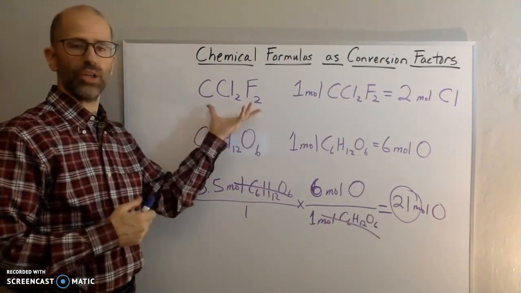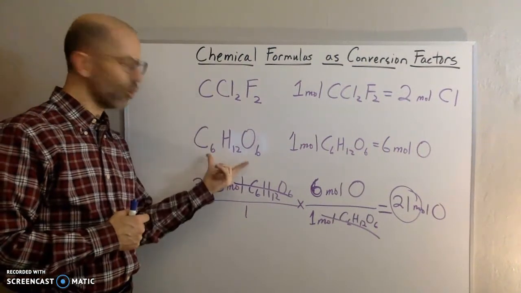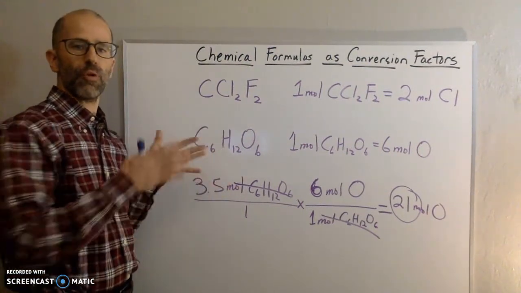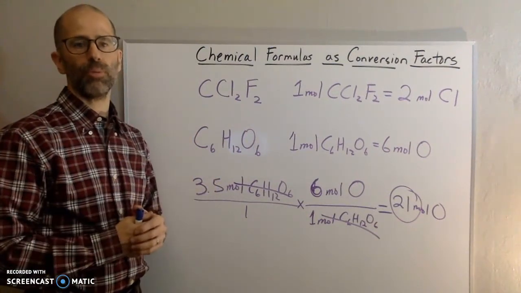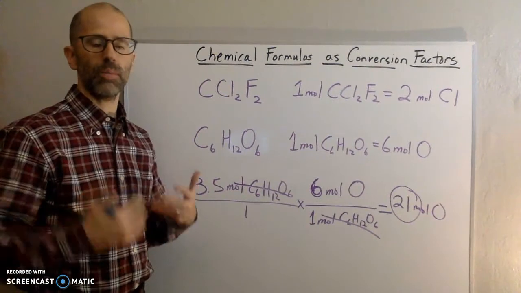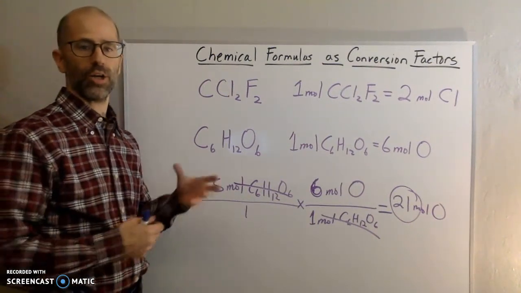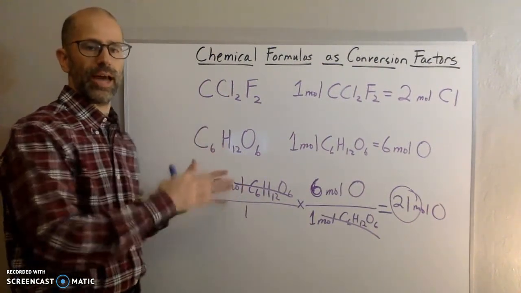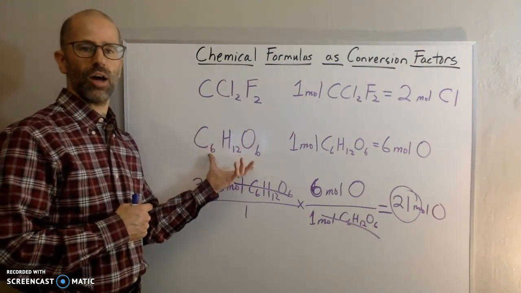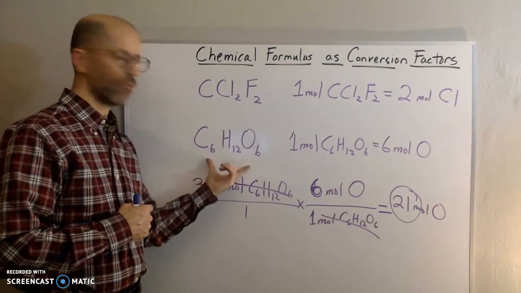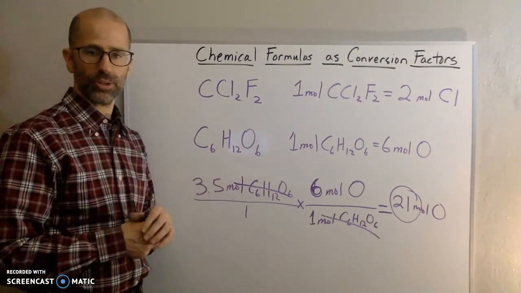So you can use the formula to convert from one thing to a different thing, right? And that's going to be really important in chemistry, because you're going to come across a lot of problems where you're going to start with one thing and it's going to ask you for a different thing, and you're going to need to use the mole ratio in your formula or somewhere else.